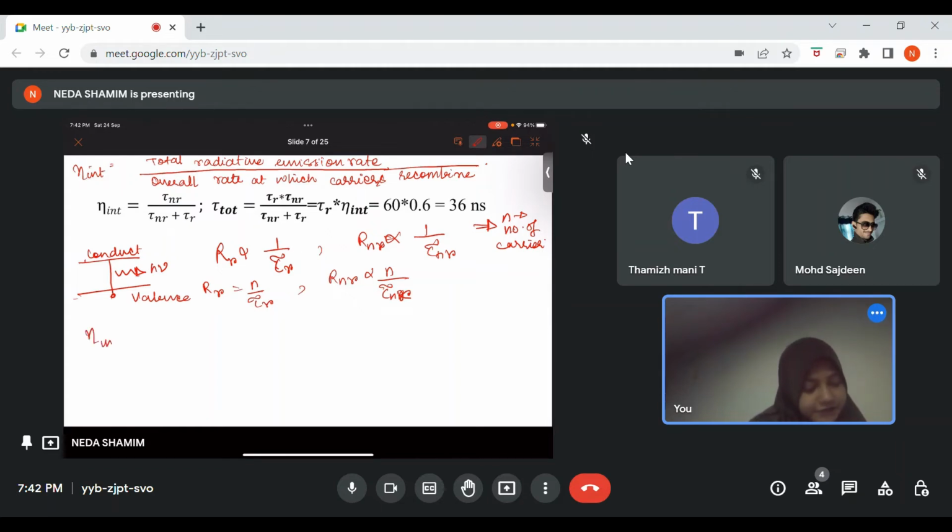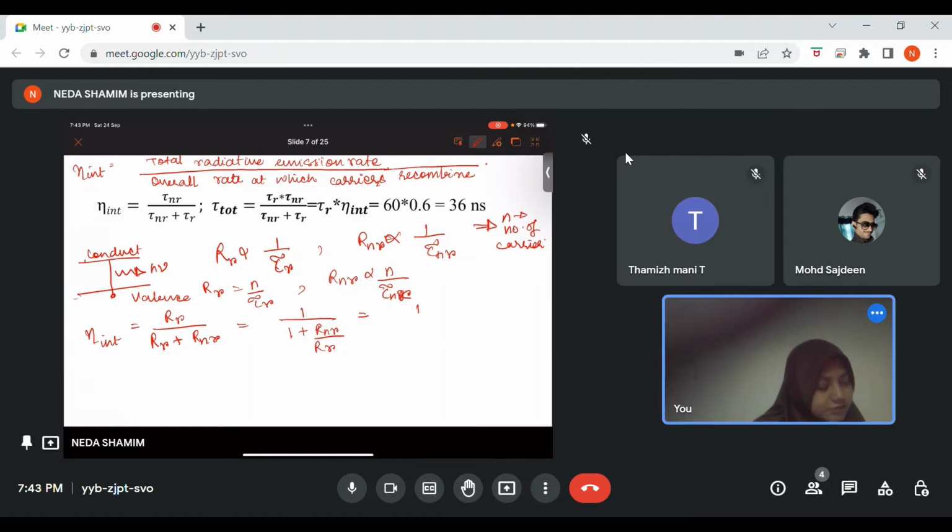If I write eta int, I said total radiative emission rate by overall rate. Overall rate will be the sum of the radiative emission rate plus the non-radiative emission rate. That will be the overall rate at which the carriers recombine. So this will be equivalent to 1 by 1 plus R nr by R. What will this be equivalent to?